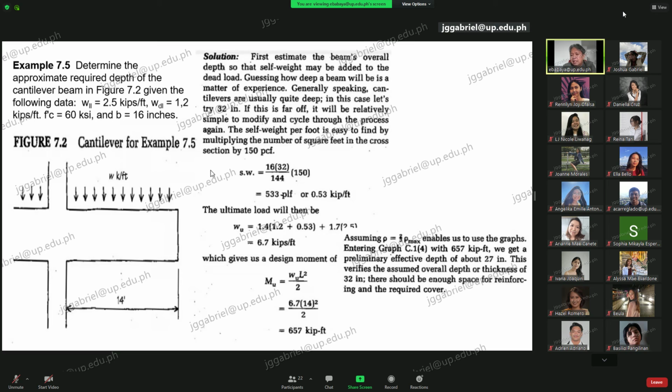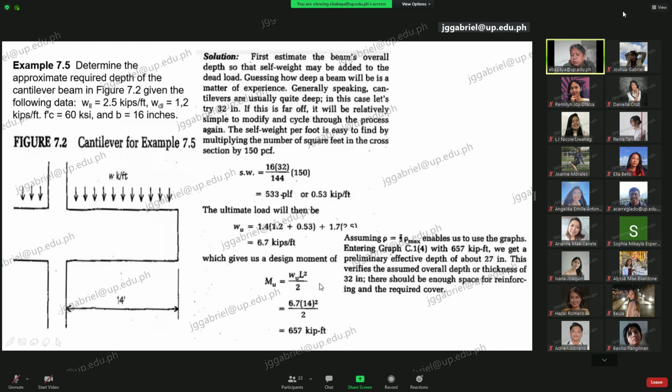Okay? So now, if you remove the support sa dulo, so it becomes a cantilevered beam. Now, what is the formula for the maximum moment of a cantilevered beam, given the same W, given the same length? Diba?